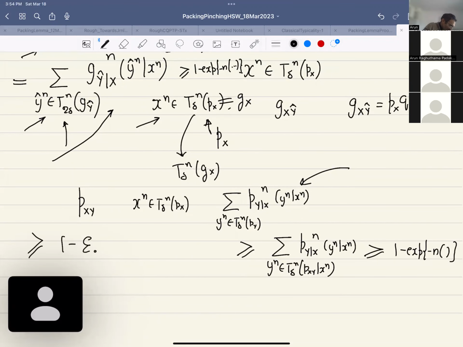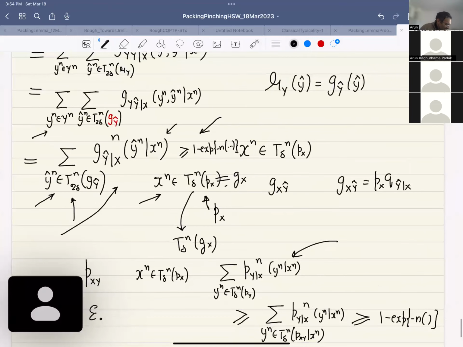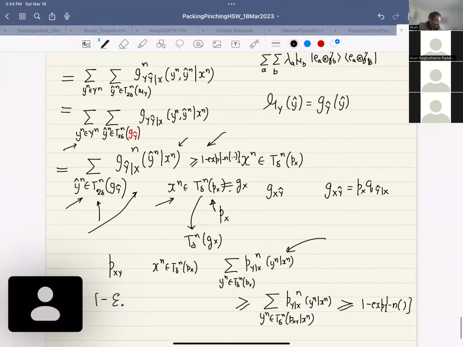If you don't get the last element of the argument, tell me. Clear? Yes, sir. Okay, cool.